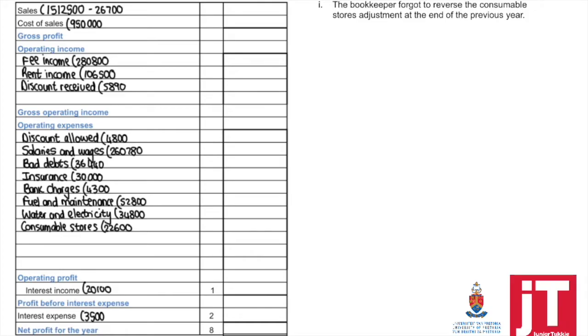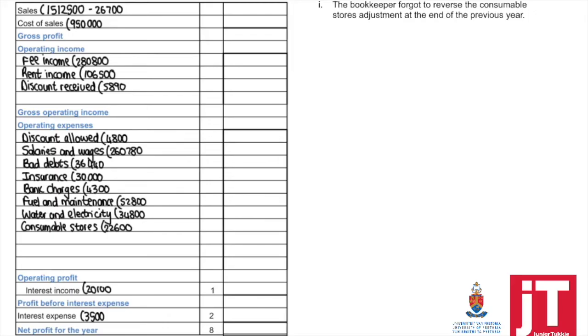The first adjustment. The bookkeeper forgot to reverse the consumable stores adjustment at the end of the previous year. Now remember that after we've done adjustments and everything, in my new accounting period, in my new financial year, we need to do reversal entries.